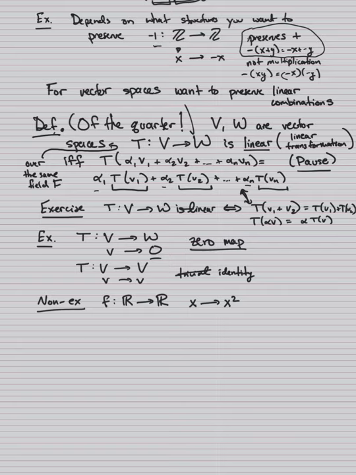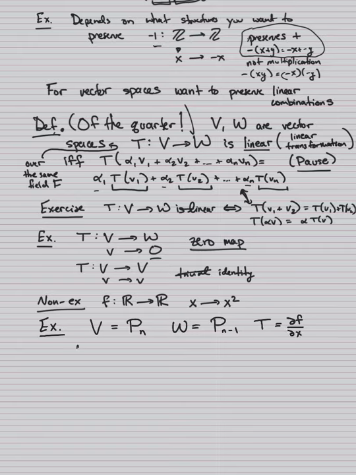One that we've seen before today, and even in the couple lectures before, was the derivative map. So V was the space of polynomials of degree at most n, W is the space of polynomials of degree at most n minus 1. Then T is just taking the derivative.